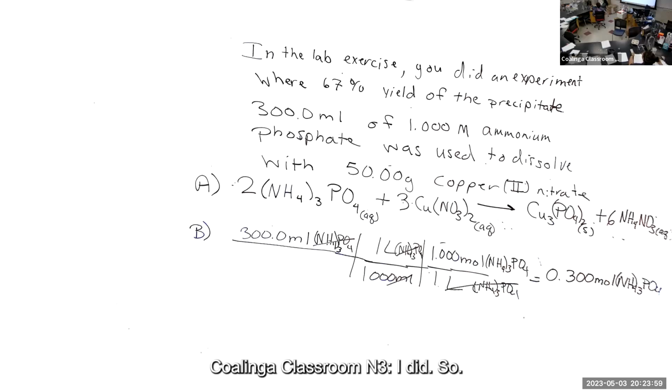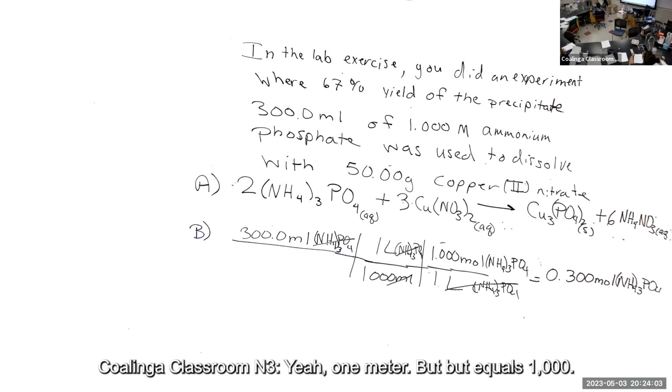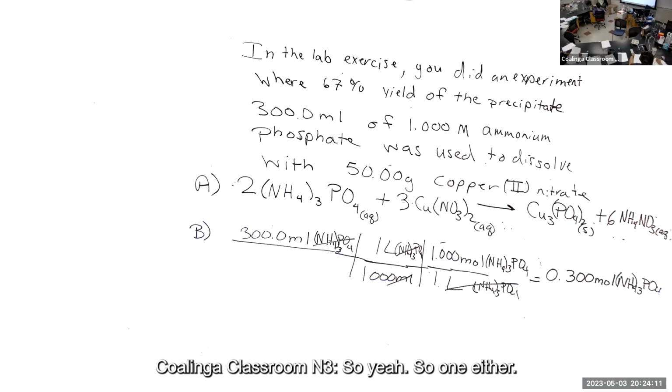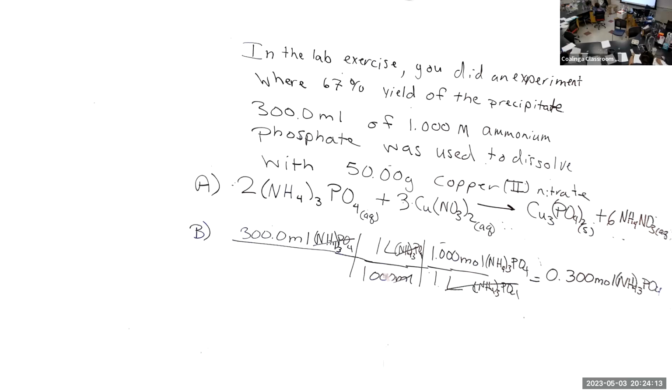So 300 milliliters, and 1 liter equals 1,000 milliliters. So 1 liter over 1,000 milliliters, and then the milliliters cancel out.